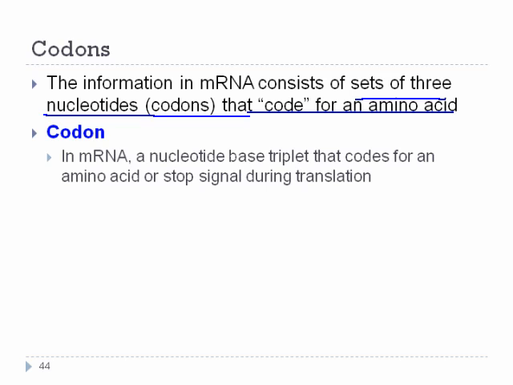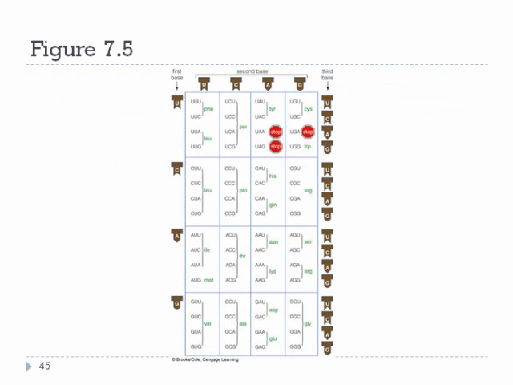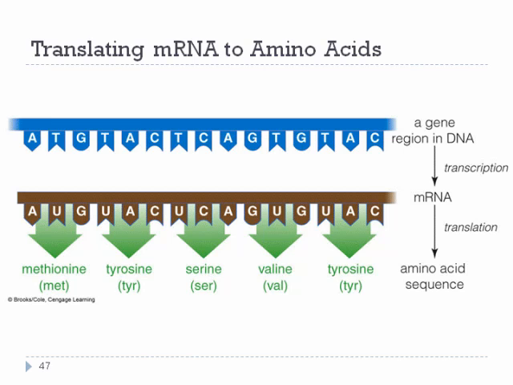And one way to keep a microorganism from growing is to prevent it from making proteins. We can prevent it from making proteins by blocking this transcription and translation step. So here's the code, the figure from your book. Translate RNA to amino acids by using that code.